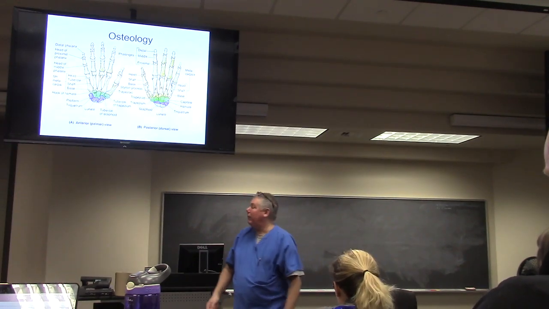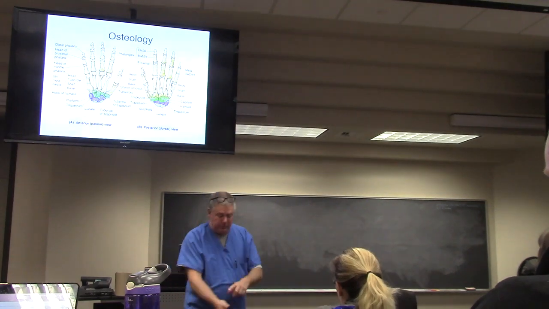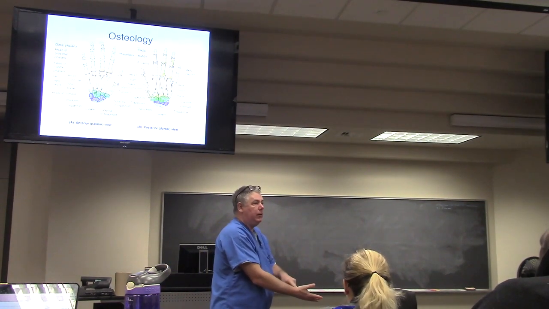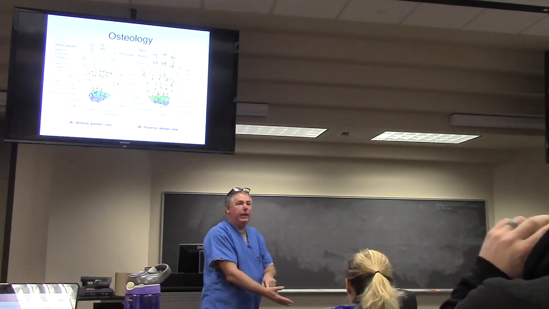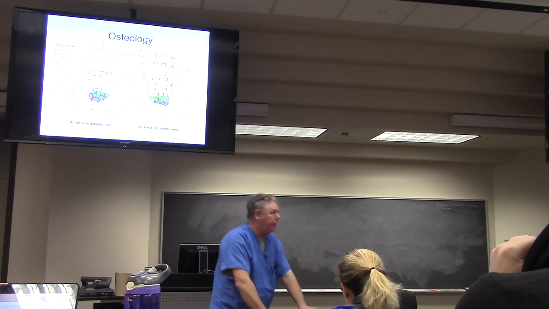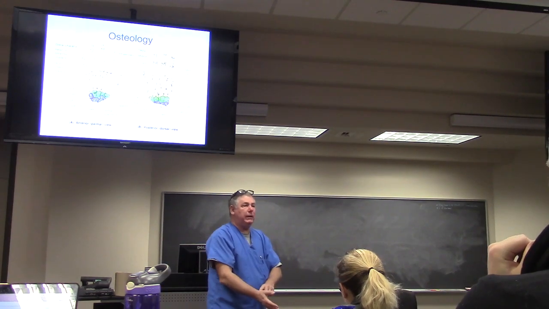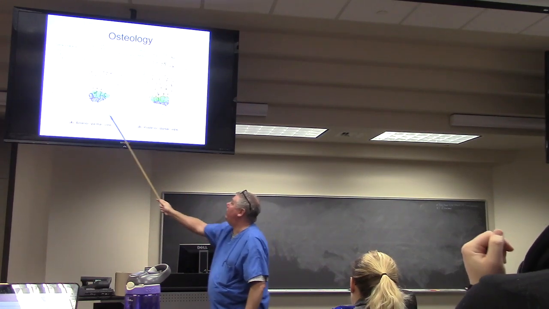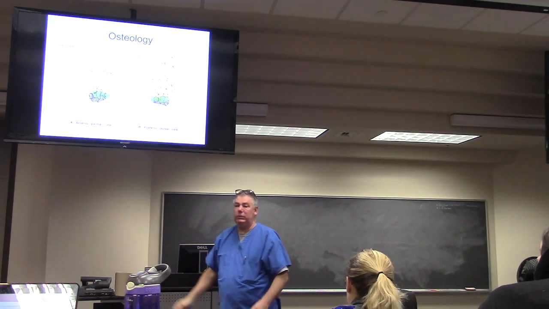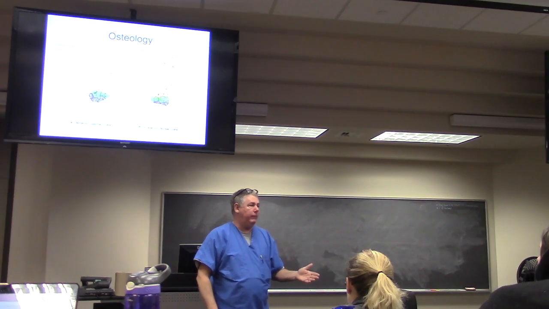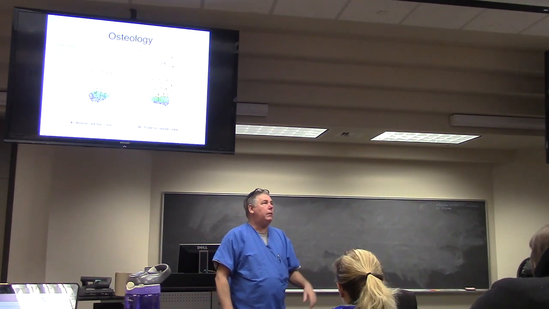I always start right here on the thumb side, on the bone that's adjacent to the radius, because that bone takes a lot of the compression. When you put your hand down, that bone takes a lot of the weight. That bone would be the scaphoid right here. It's also called the navicular, but scaphoid is the term that's most often used.